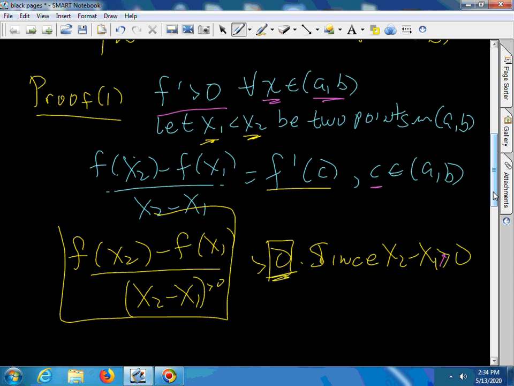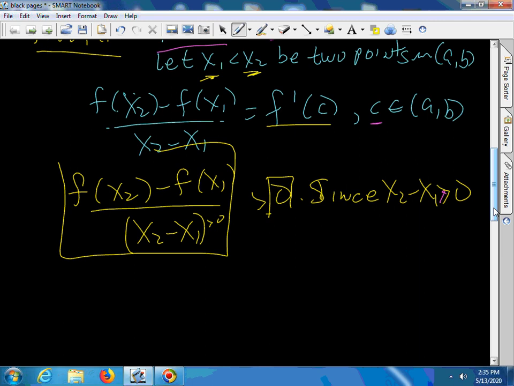You just have to be able to fill in this elementary school answer. What should the sign of the top be if the fraction is positive and the bottom is positive? The answer is positive. Why? Because if it were negative, a negative divided by a positive isn't positive. The top has to be positive.